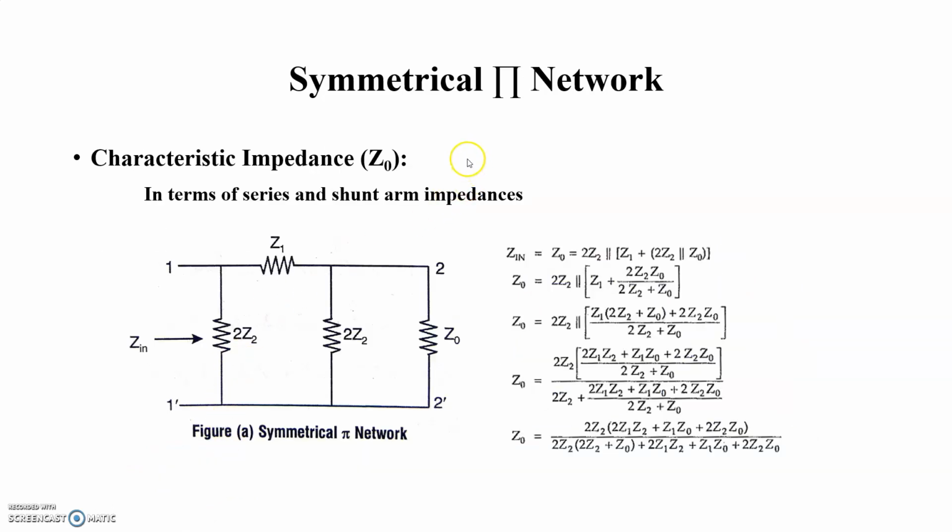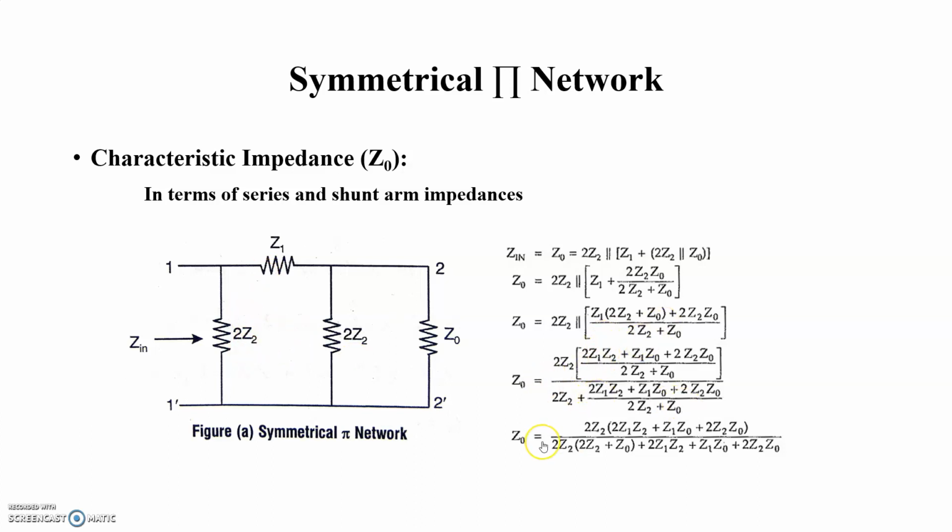Next, the pi network. Again, the derivation for the characteristic impedance Z0 in terms of series and shunt arm impedances. Here the series arm is Z1 and the shunt arm is Z2. The symmetrical condition is Zin equal to Z0. Here these two resistors are in parallel, this combination is in series with this resistance, and again this combination is in parallel with this resistance.